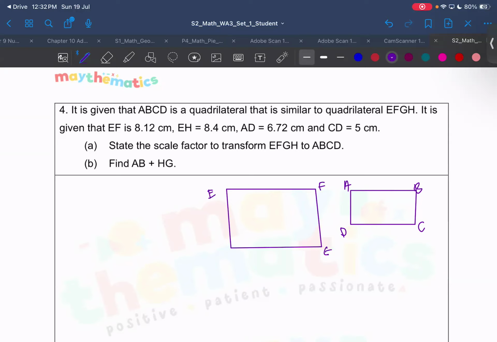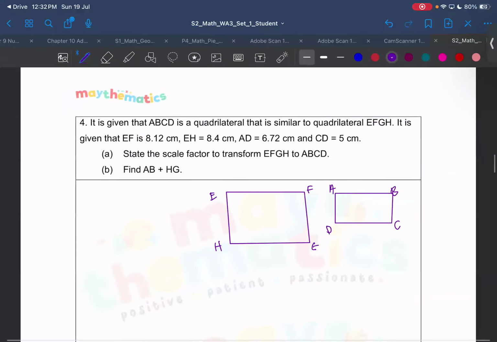By the way, your lettering is very important. Make sure you follow the order, especially for similarity and congruency. Make sure the long side is at the long side, short side is at the short side.